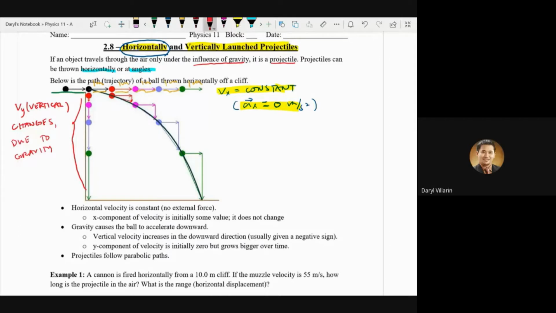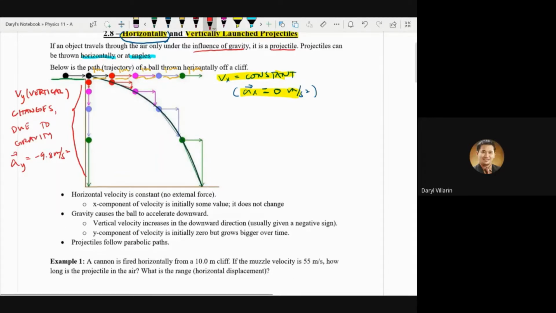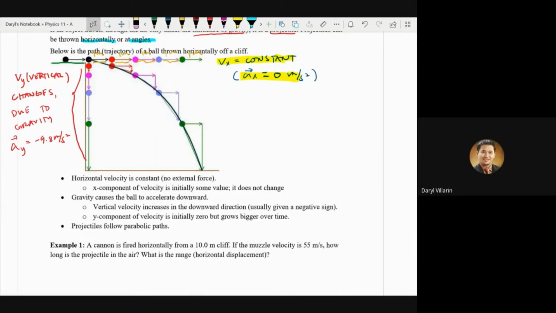So if you go back to your vertical motion, since you have changing velocity, this is actually increasing. Acceleration along y is negative 9.8 meters per second squared. So that's how the velocity changes.